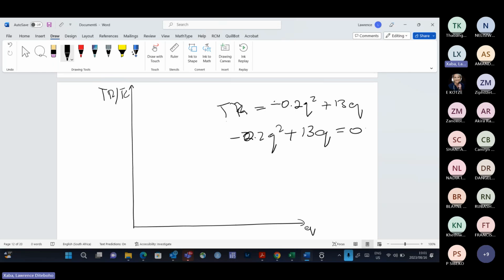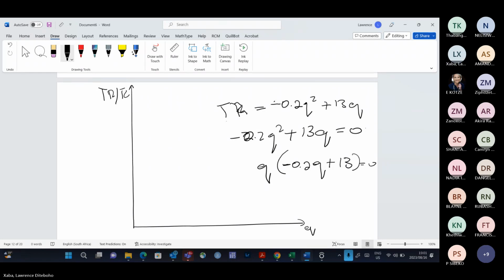So for us to do our graph, we have q there, which is common. Let's take out q. If we take out q, we end up having q times negative 0.2q plus 13.